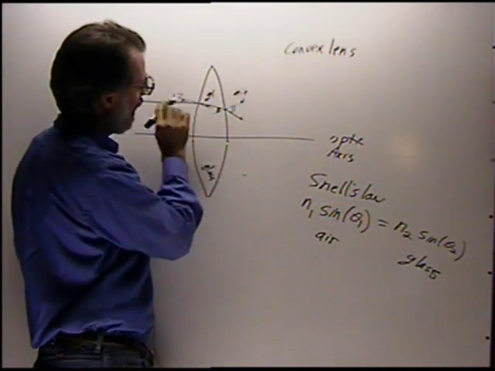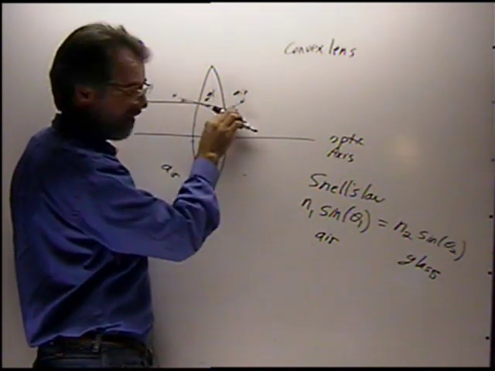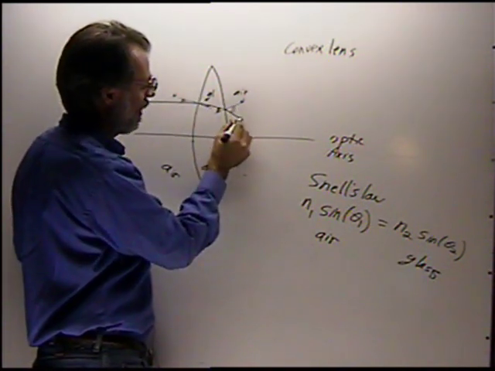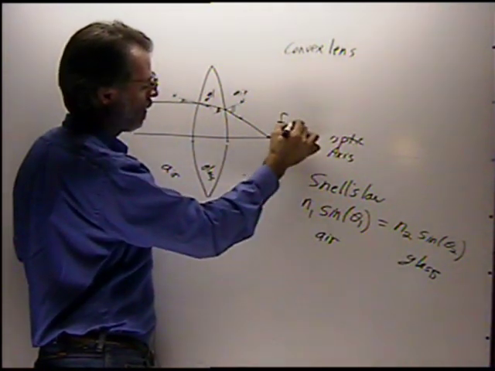So the ray gets bent two times. It's bent here and then it's bent again, and it comes right down here, and this point right here is what we call the focal point.